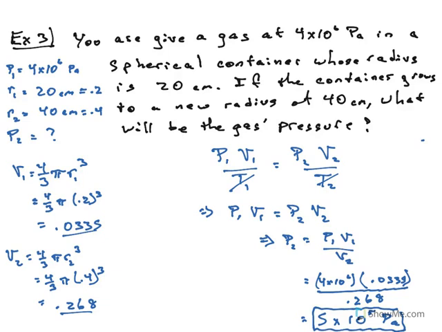Don't do 3 times 10 to the 5th if it's 3.47. Give enough decimal places so I can see what your answer is. Don't round it. Here I wrote 5 times 10 to the 5th, because the actual answer was 500,000. So, 5.00, I just wrote it as 5. But if it was 578,000, I would have said 5.78 times 10 to the 5th.